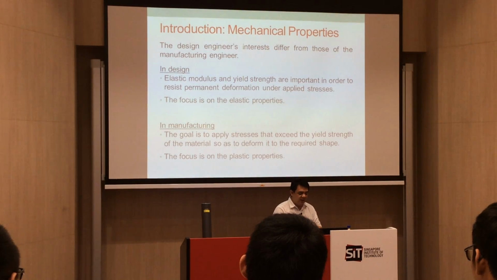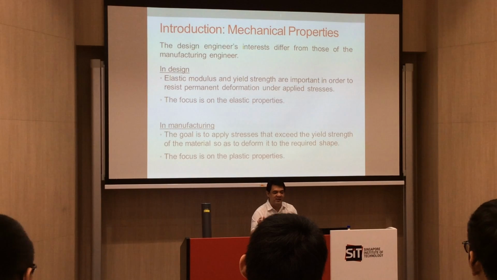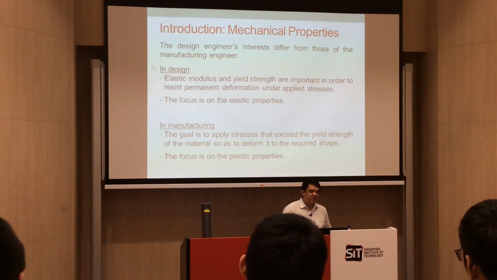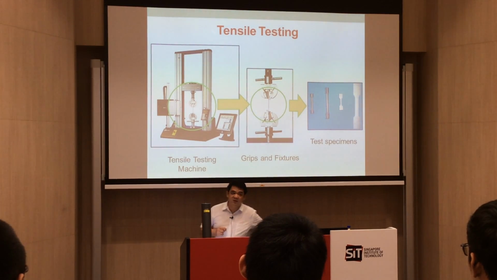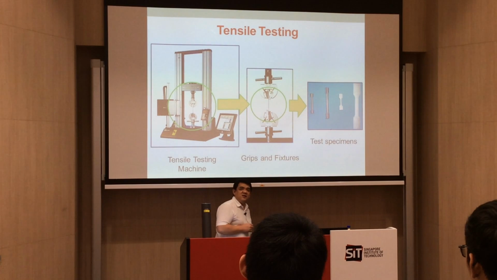However, in manufacturing, we would like to exceed that yield strength so that we can deform that material. Elasticity, plasticity. So, different points of view, but two very important things for engineering and manufacturing. You have seen this one, probably?